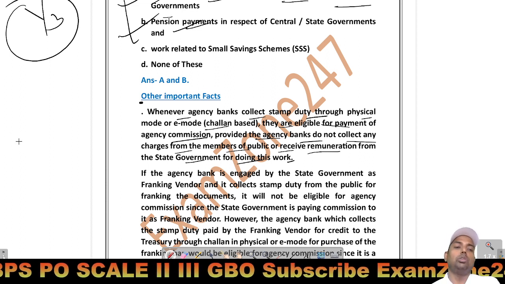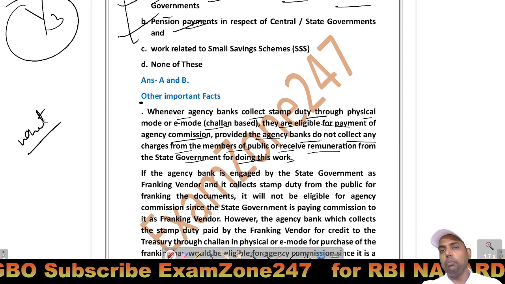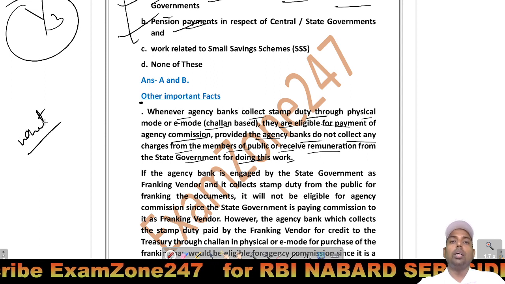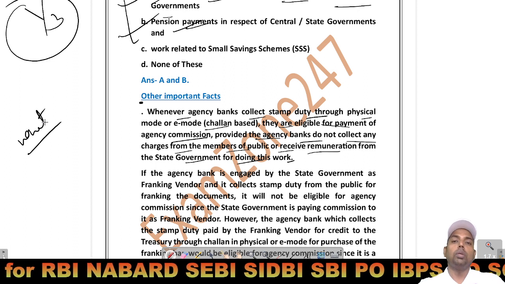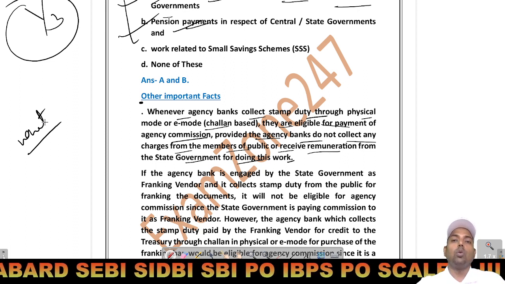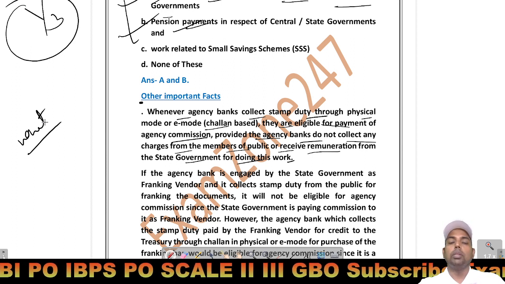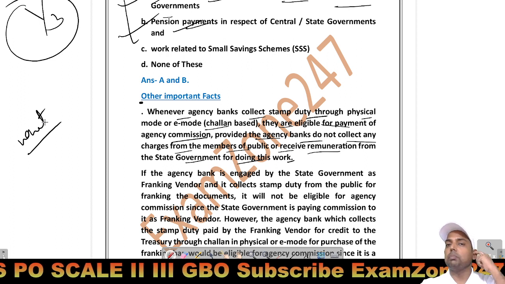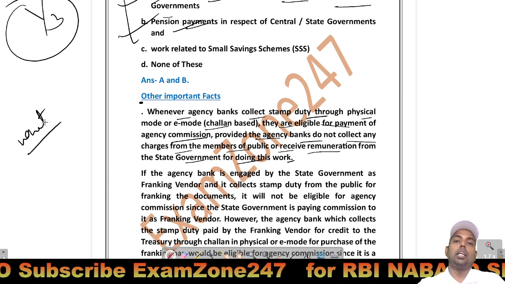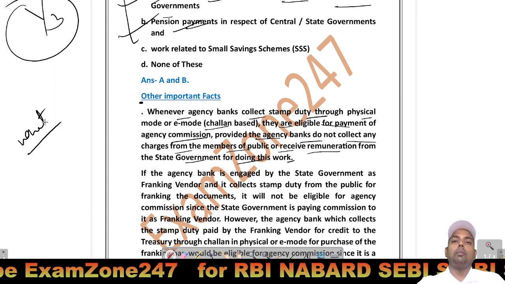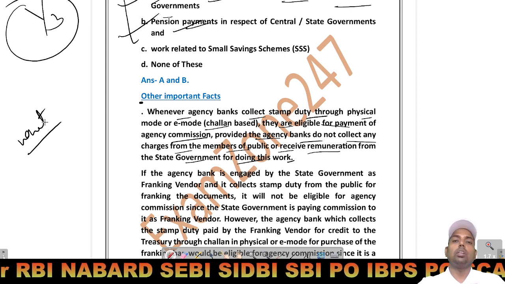What is an agency bank? First, you must know. An agency bank means any bank, whether it is a private bank or a public sector bank, which undertakes government business and is authorized to do so. Government business means government transactions. Pension payment is also a government transaction. So any bank that does this is called an agency bank. Do not get confused that an agency bank must be a public sector bank. It is not mandatory.